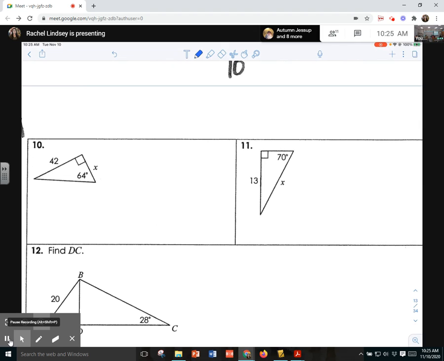So, on number 10, you have to use tangent, and you should get x equals 20.5. And then on the next one, you have to use sine, and you get x equals 13.8.